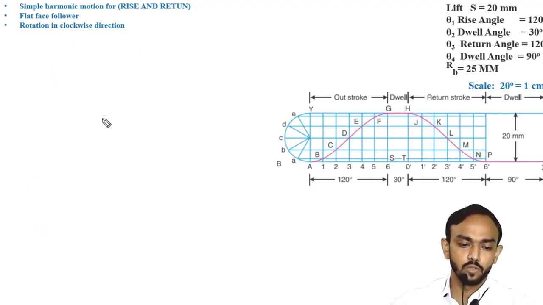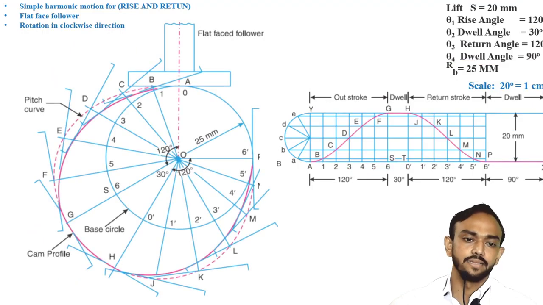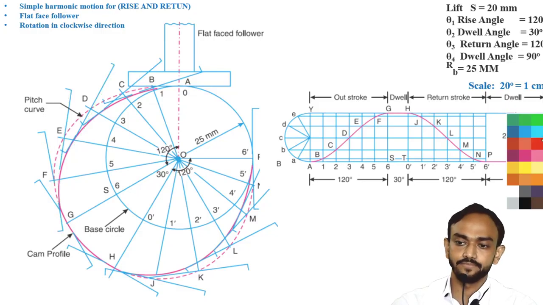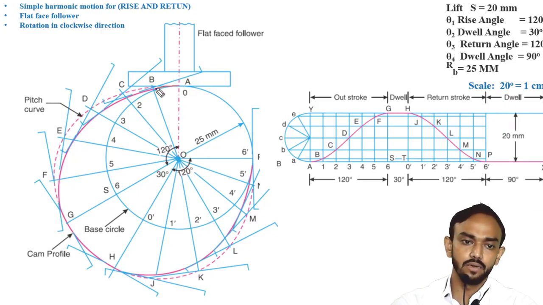Okay, so how will we draw that? Like this. First of all, divide the rise and return in 6 parts. After that, you can check here at all points we have drawn this flat face like this. This is the flat face at every point, and our profile is simply touching all the flat faces at any point.